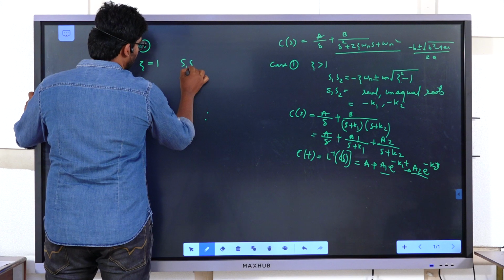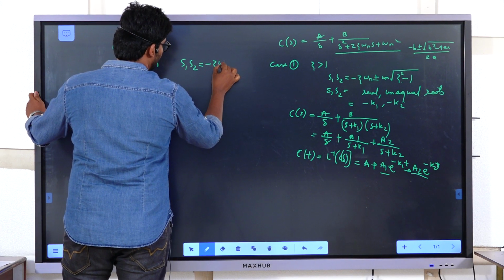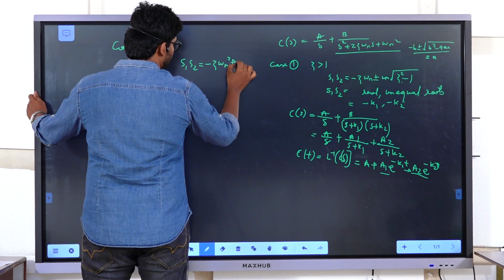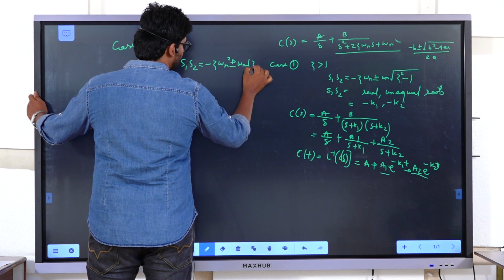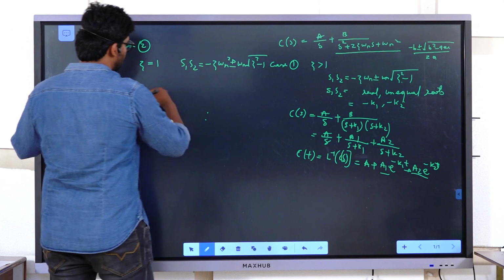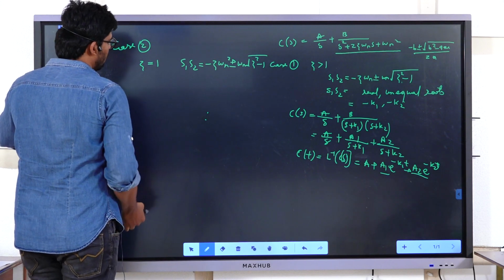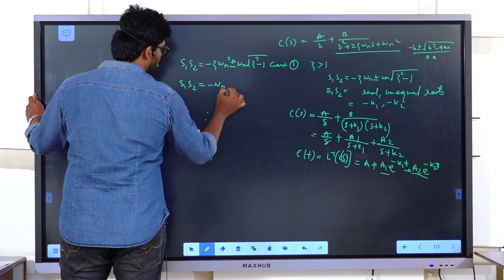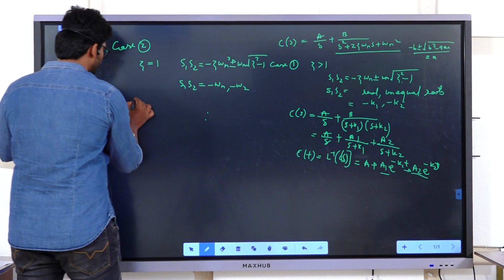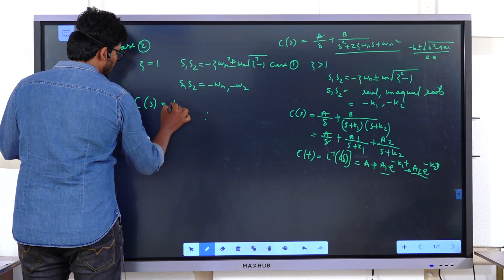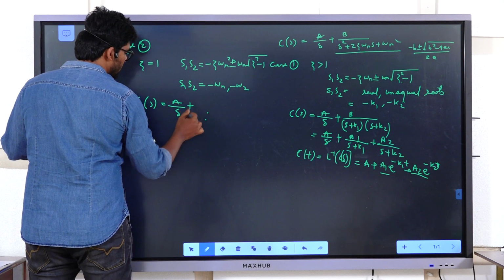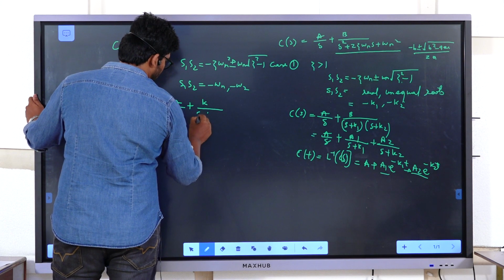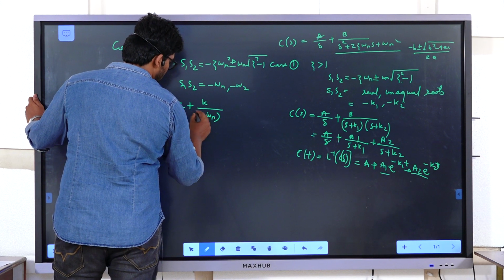In the roots, minus zeta omega n plus or minus omega n root of zeta square minus 1, if you substitute zeta equal to 1, we will obtain S1, S2 as minus omega n, comma minus omega n. That means in the C of S response, we have A by S plus some value, say k by S plus omega n square.